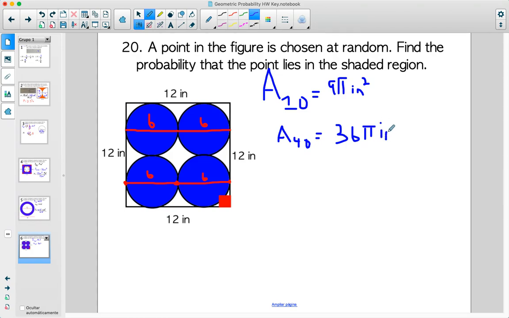Don't forget about pi, inches squared. And then the last part is find the area of the square. So the area of the square is 12 times 12, right? Side times side, or base times height, which is 144 units squared.